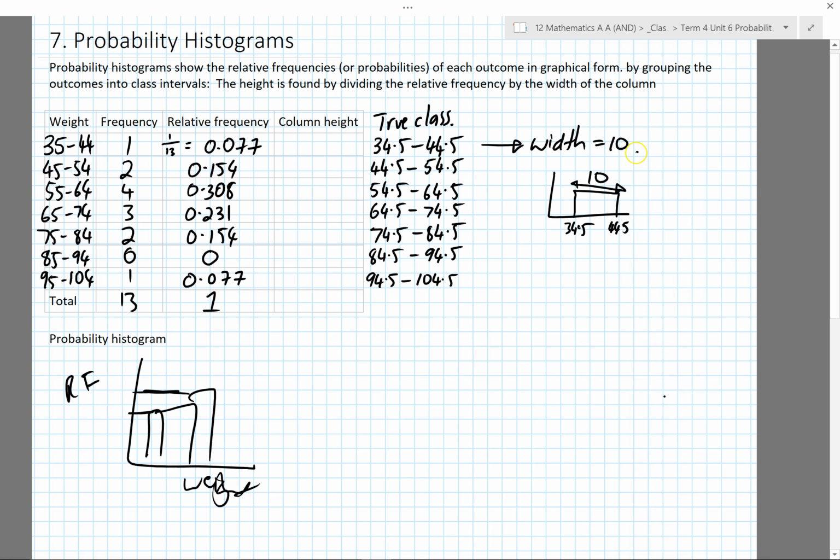So my width is 10, which means I'm going to divide all these relative frequencies by the width, which is 10. So 0.0077 rather, okay, and follow that all the way down.